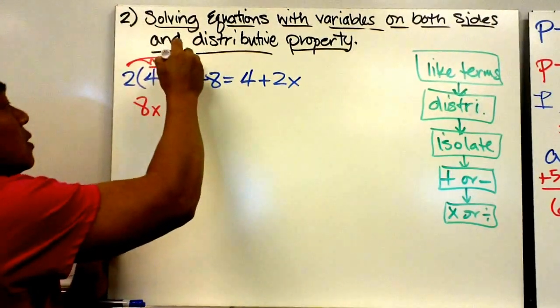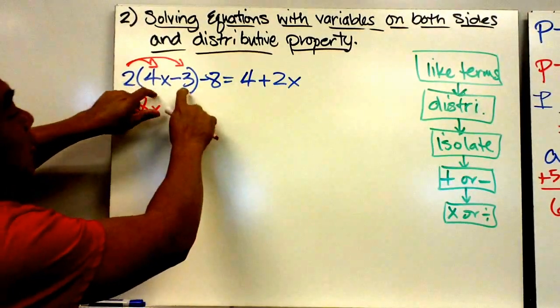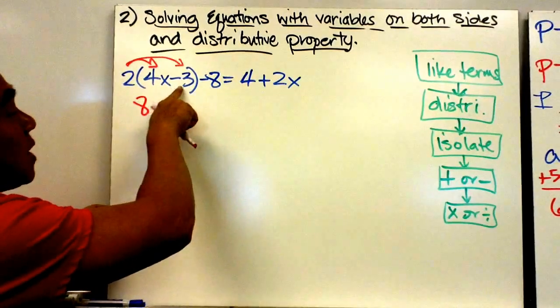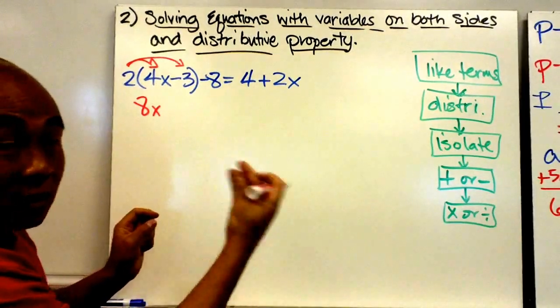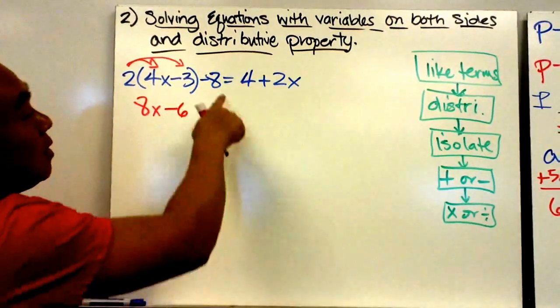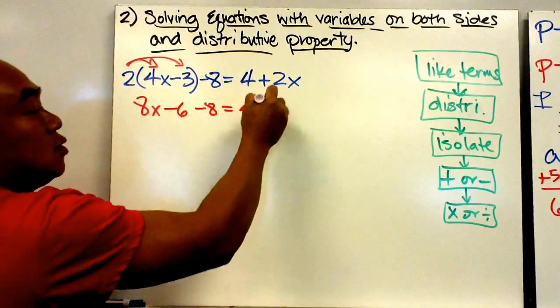I'm going to now distribute the 2 because when you talk about distributive property, you're actually taking this and distributing to all the terms inside. And that's already a minus 3, so that's 2 times subtracting 3 twice, or negative 3. That gives me negative 6. Then I'm just going to rewrite everything else that was not used.